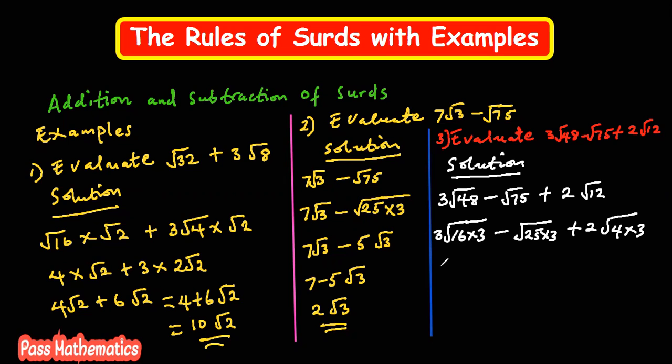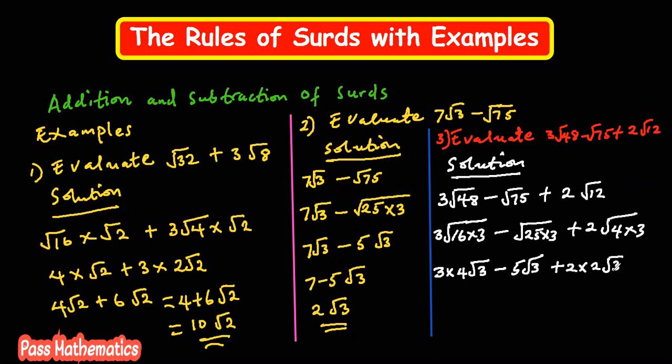And now let's take the square root. 3 times root 16 is 4. Then we have the basic form, which is root 3, minus root 25 which is 5. We have root 3 left, plus 2 times root 4 is 2, root 3.